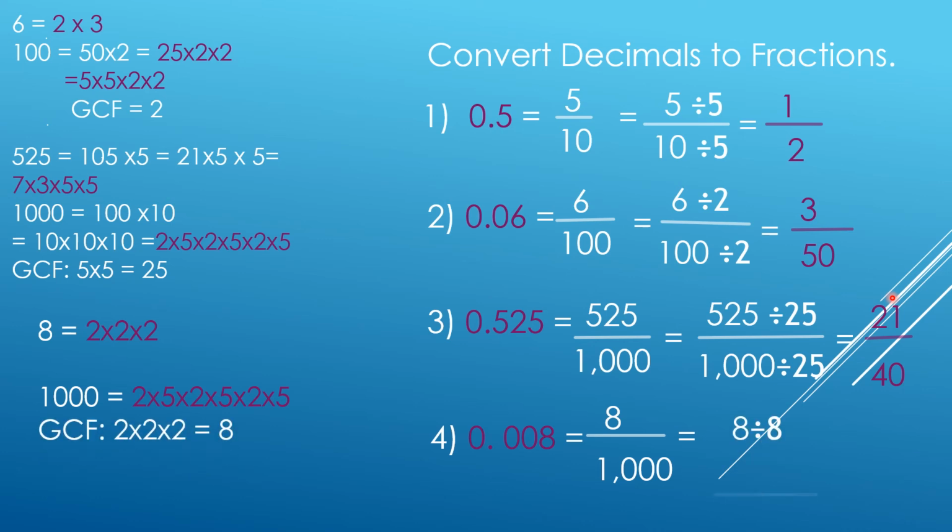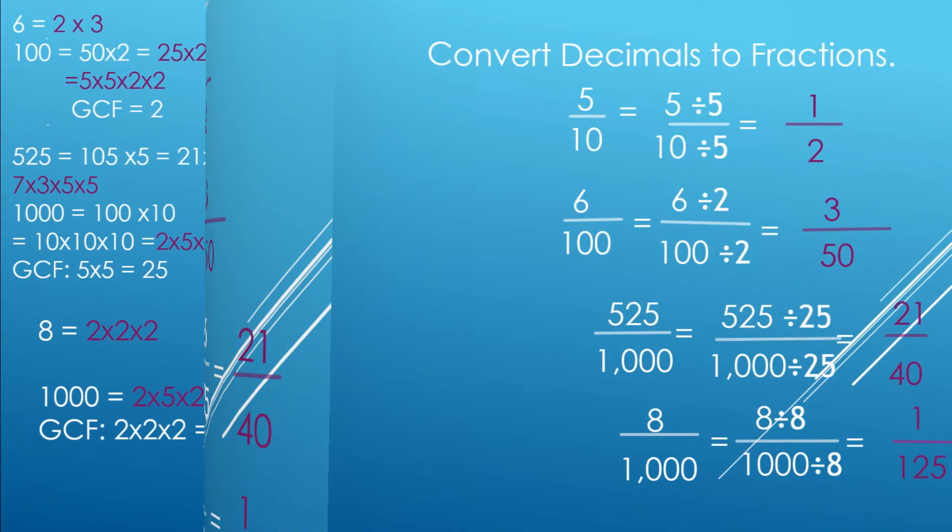So divide by 8: 8 divided by 8 is 1, and 1,000 divided by 8 is 125. We have 2 times 2 times 2 for 8, and for 1,000 we already know its prime factors. So what are the common ones? There are 3 pairs of 2, which means 2 times 2 times 2, and that is 8.